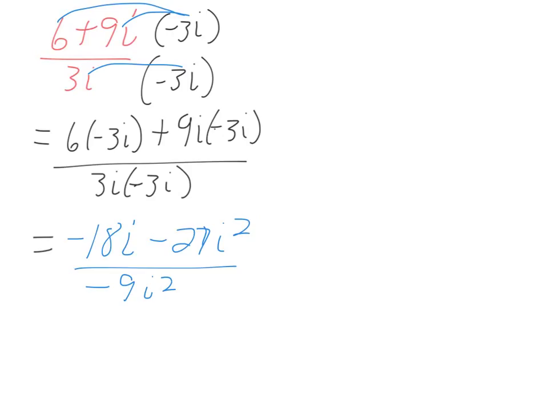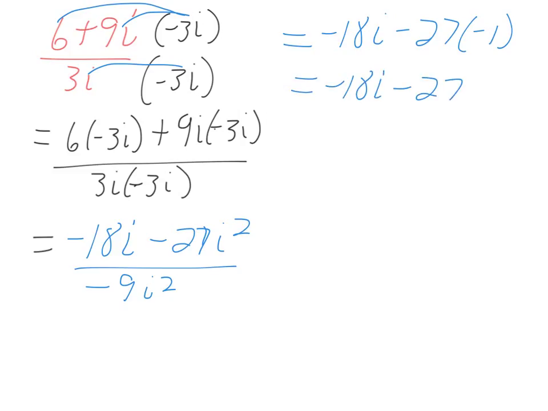Alright, so I'm going to go up here on the top then. So on the top, in the numerator, I have negative 18i minus 27, and i squared is negative 1. So then I have negative 18i minus 27, or excuse me, plus 27, because negative 27 times negative 1 is positive 27.